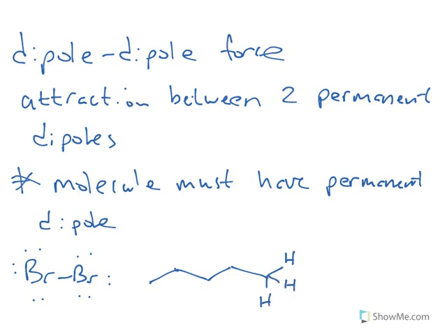Well, the electronegativity difference between carbon and hydrogen is so small that we can basically treat that as nonpolar, which means it does not contain a dipole. So hydrocarbon molecules like pentane are going to be nonpolar, and they are going to have zero dipole-dipole forces that we're going to consider.